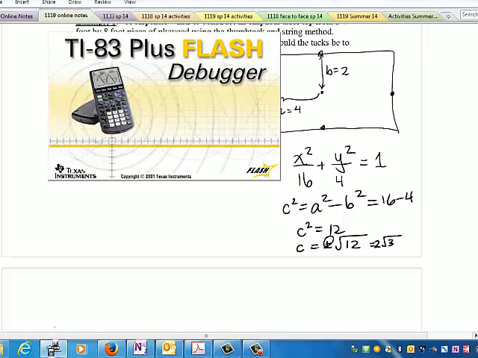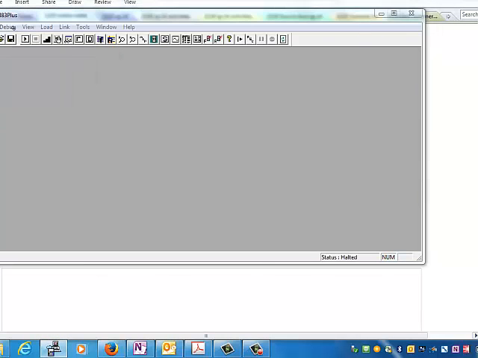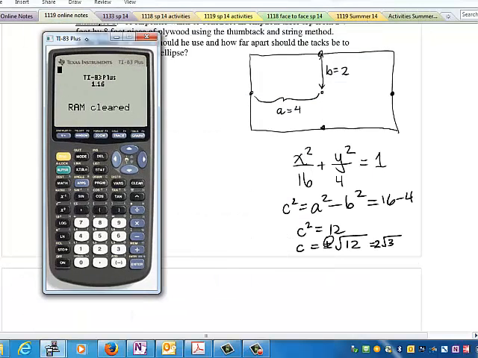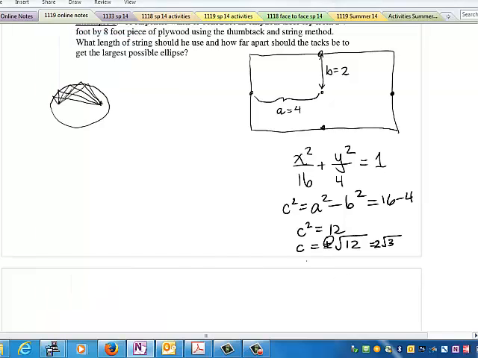And we would need an approximation for that if we're actually going to measure it. So square root of 12 is approximately 3.464.